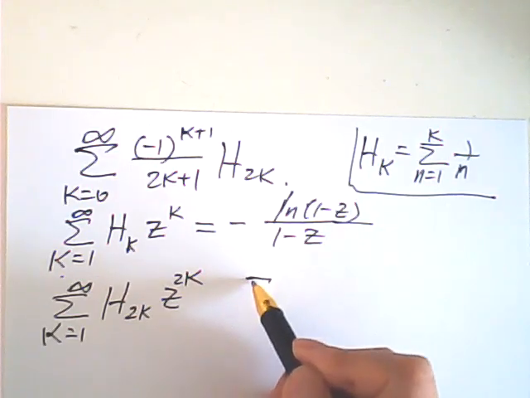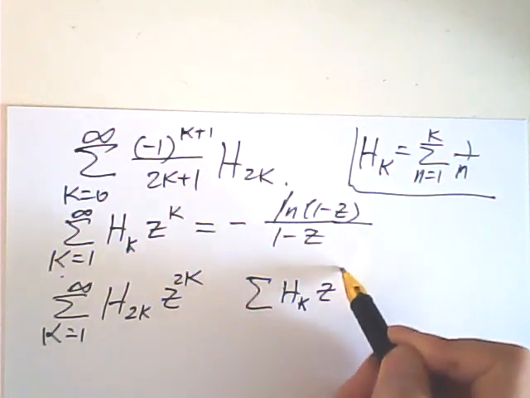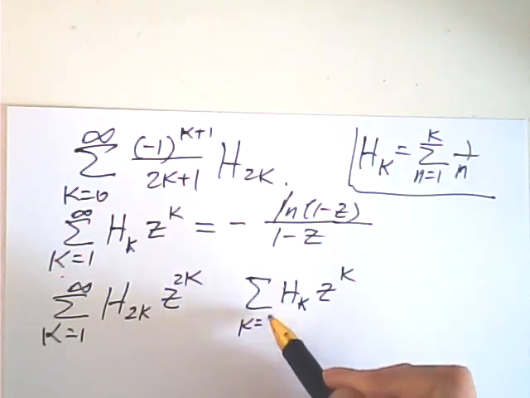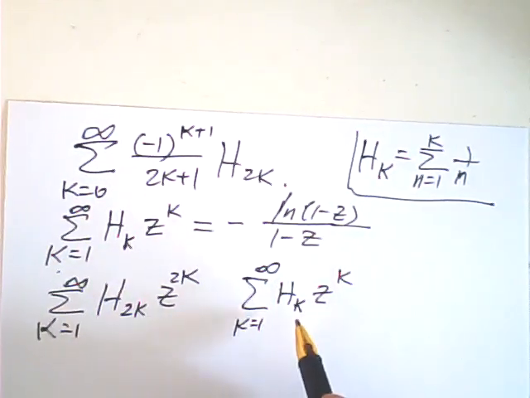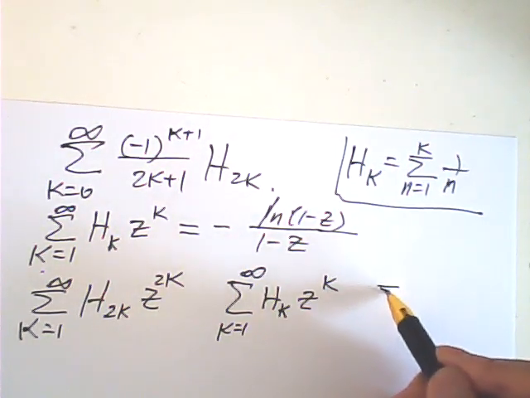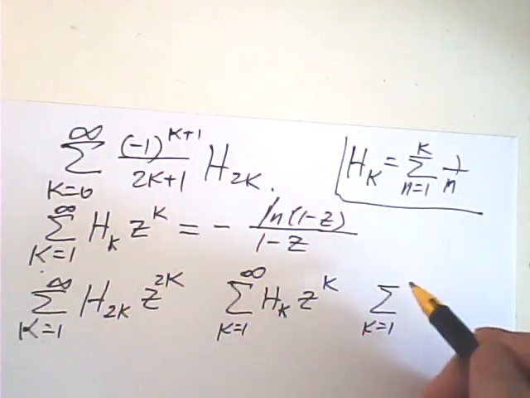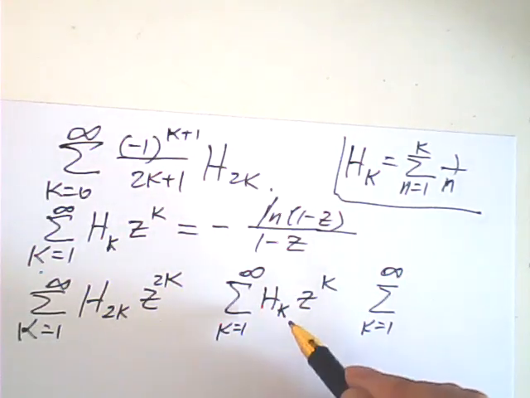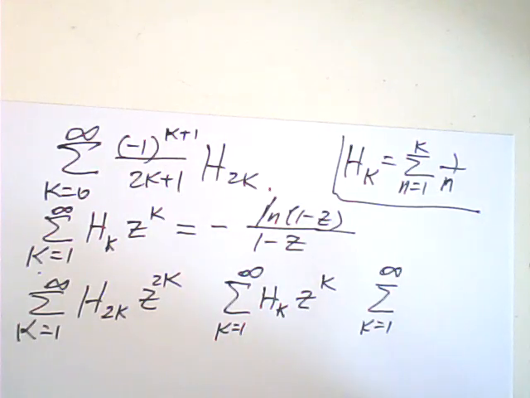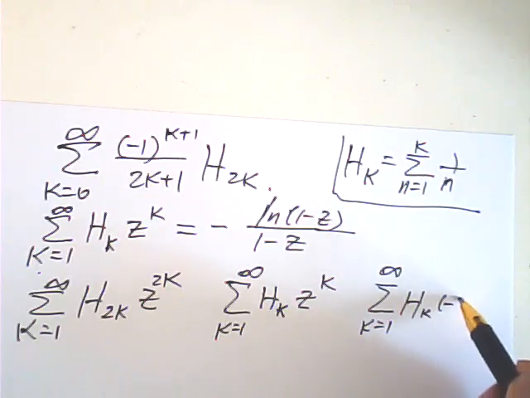We consider this, the sum of H_k z^k, k from 1 to infinity. That is 1, 2, 3, 4, 5, and so on, all positive. Now consider this with negative z, H_k times negative z to the k.